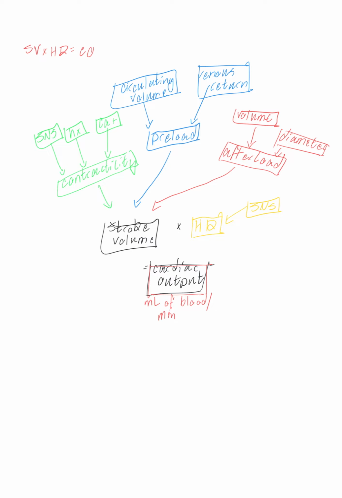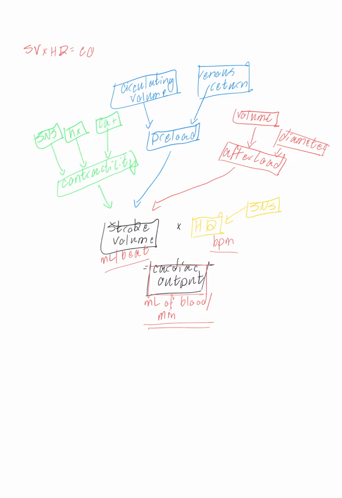There's two things that affect cardiac output: how fast your heart is beating in beats per minute, that's heart rate, and also stroke volume, which is the milliliters ejected per beat. So the milliliters ejected from your heart per beat times the beats per minute equals the milliliters of blood ejected from the heart per minute, and that's the cardiac formula.